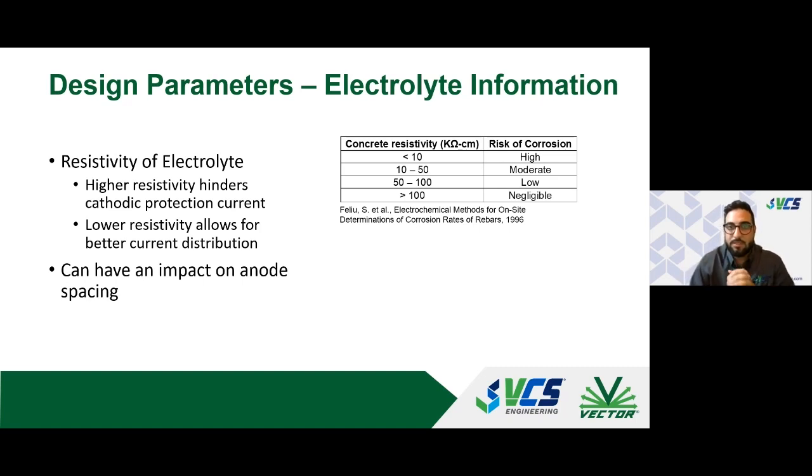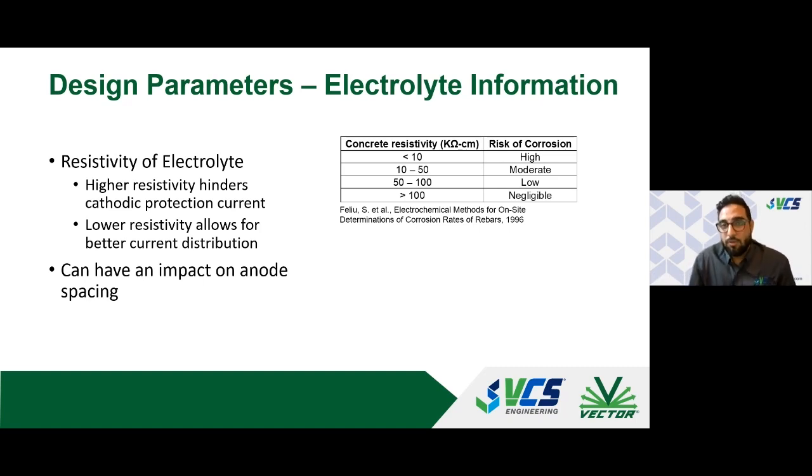You're installing these distributed anode systems and connecting them to the steel, and they sacrificially corrode to protect the steel element. So if you have high resistivity concrete, you would have to be very careful with your anode spacing and how far apart you place the anodes, because of the current reach from the anodes.